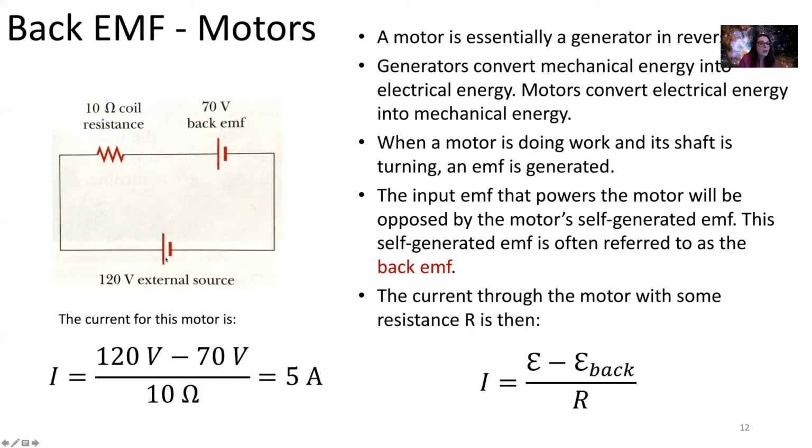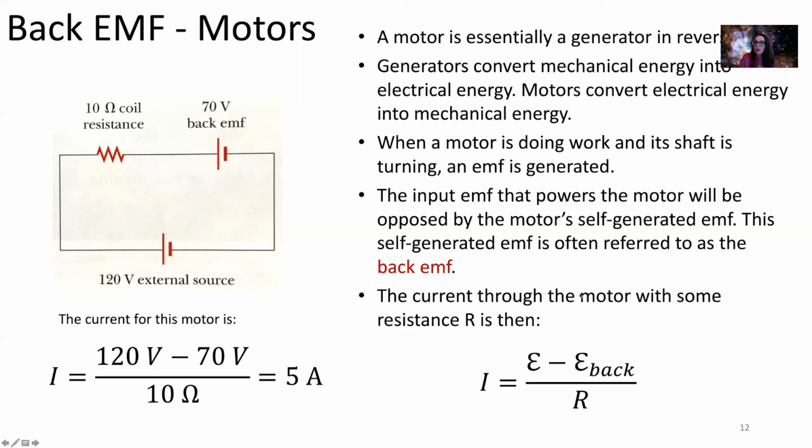Here our motor is being supplied by a 120 volt external source. And then our motor, because the shaft is rotating, is generating a back EMF. And our motor has some resistance to it as well. Okay, and this back EMF is opposing that external voltage source that's being supplied to the motor to make it go in the first place.